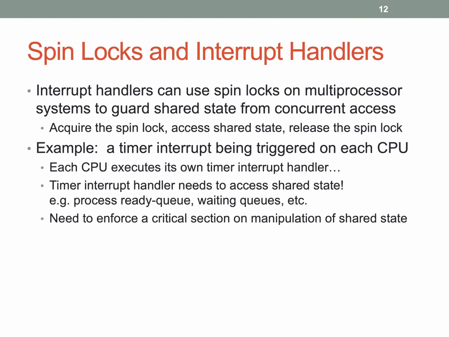So a simple example would be if you have a timer interrupt. Let's say you have a 4-core system, and all 4 cores happen to have a timer handler that goes off at the same time, and they all manipulate shared state, and the timer interrupt handler uses a spin lock to guard the shared state. Well, somebody's going to get into the critical section first.